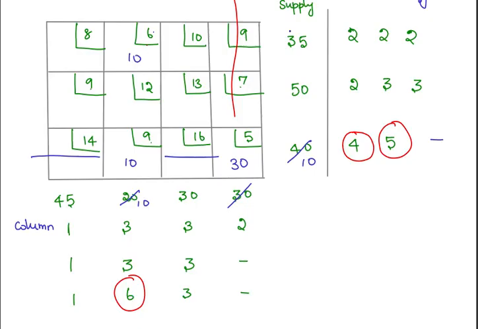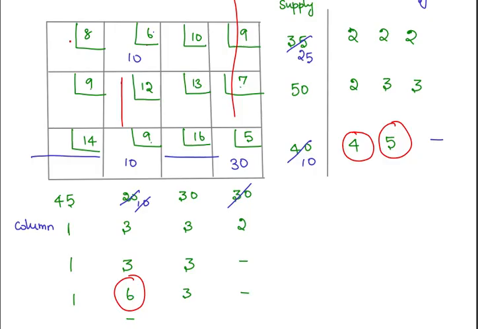The reason is that 35 would be there, but city 2 requires only 20 units. So this 10 is given, and here it becomes 25. Remaining supply will be there. This column also I make with dashed lines. Next, this row I want to strike out; this row is not there.